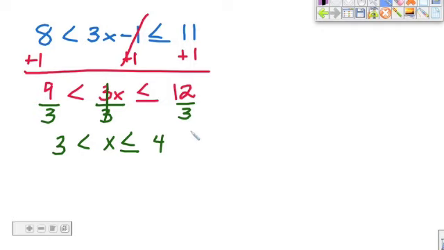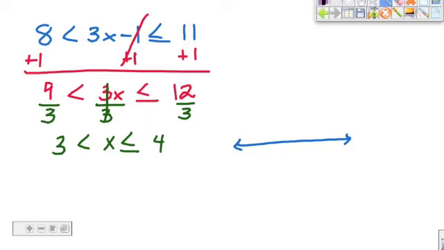Next step would be to draw out the graph. But let's see how you read this correctly. X is bigger than 3, but x is smaller than or equal to 4. Okay? So we're going to draw our line. And what this is saying is x has to be bigger than 3, but it can be 4 or less.